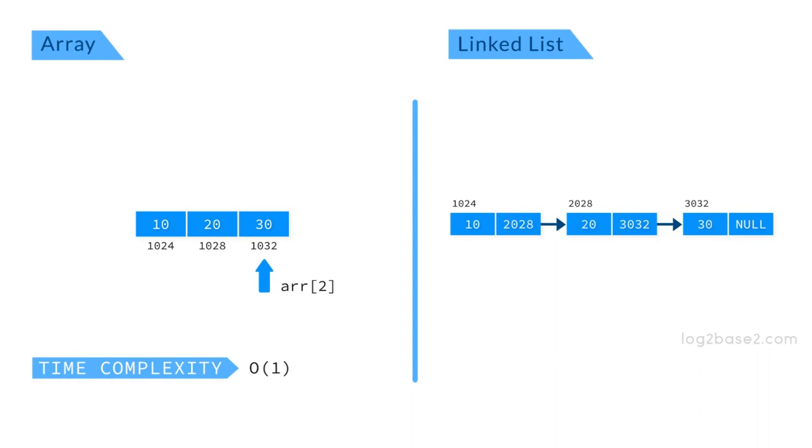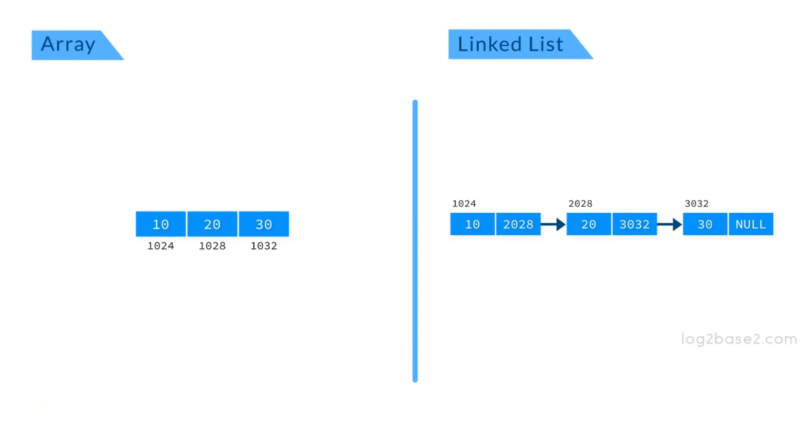That is, if we need to access the third element, first we need to go to the first node, then get the address of the second node and visit the second node, get the address of the third node and visit it finally. If the linked list has n elements, in the worst case we need to traverse the linked list till the nth node to find the element.